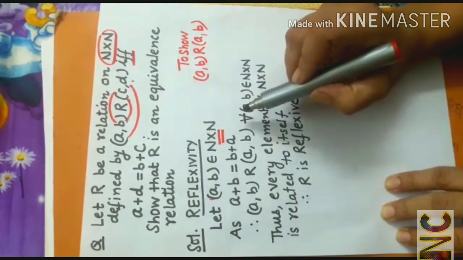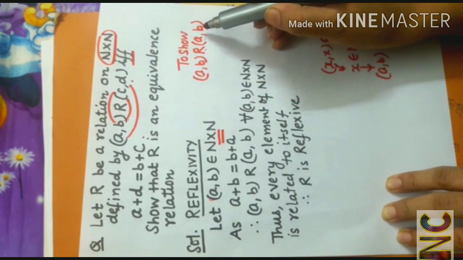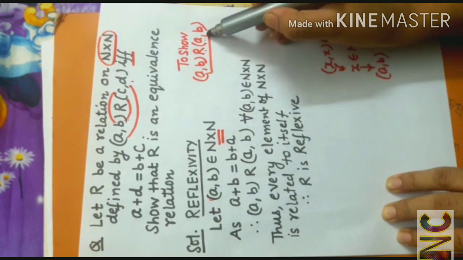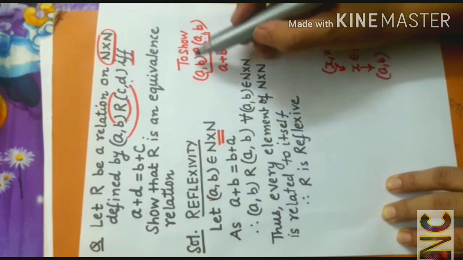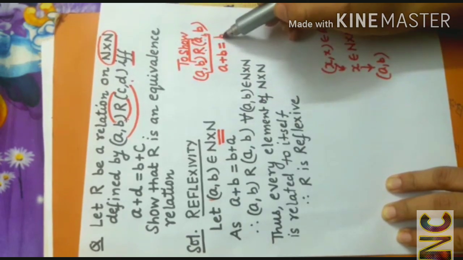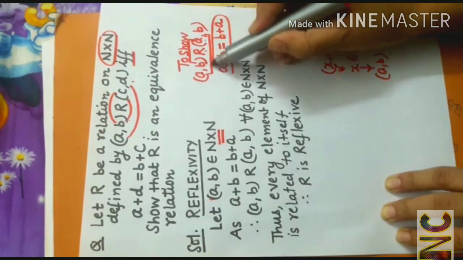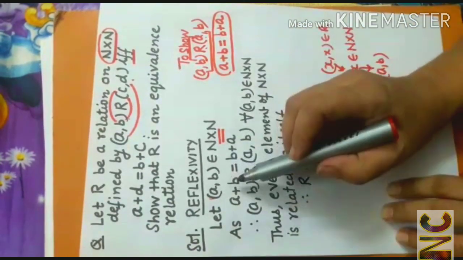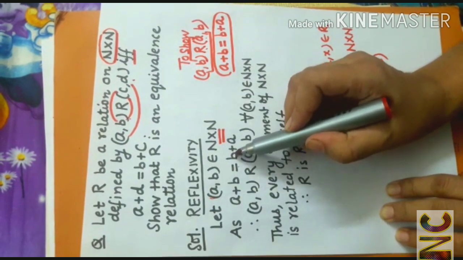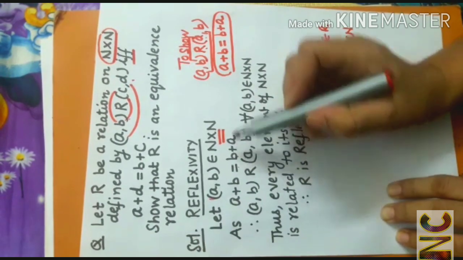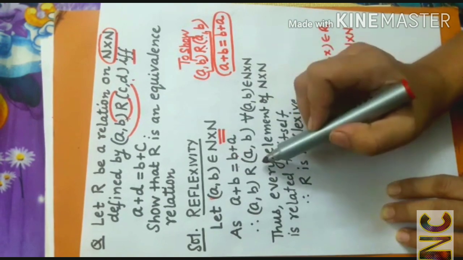Now by definition of R, (a, b) will be related to (a, b) if the sum of these two, that is a plus b, is equal to the sum of these two, that is b plus a. So in a way I have to show this. Now a plus b will definitely be equal to b plus a because addition is commutative on the set of natural numbers.